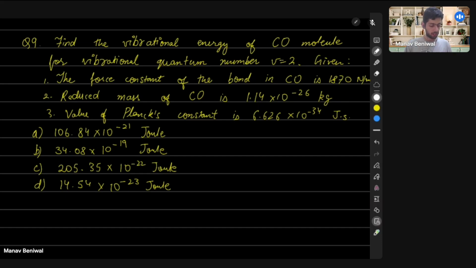So we are given a carbon monoxide molecule and we are required to find the vibrational energy for v equals 2. Now we are given several things: the force constant, the reduced mass, and the value of Planck constant, which we more or less know.